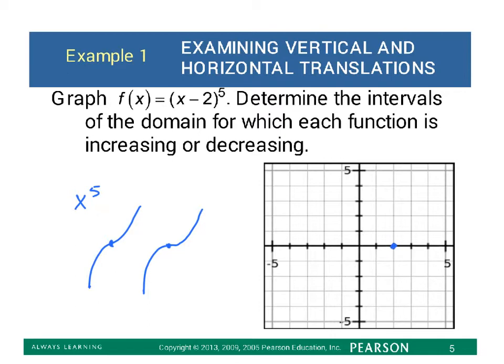So over here, okay, looks something like that. Okay, and then now the domain over which the function is increasing or decreasing. Again, this function, over the whole domain, it is increasing. So there we go.